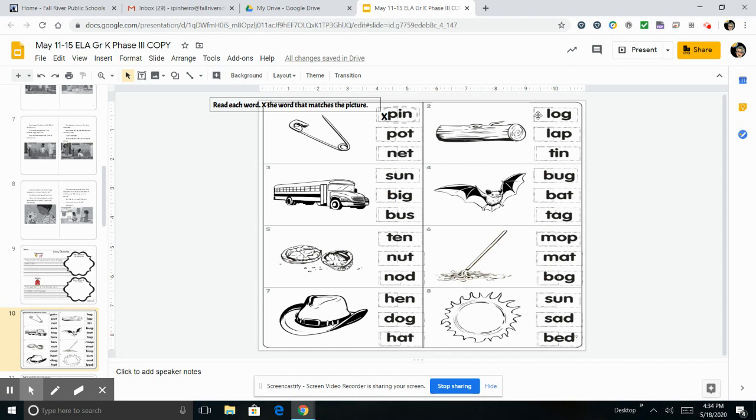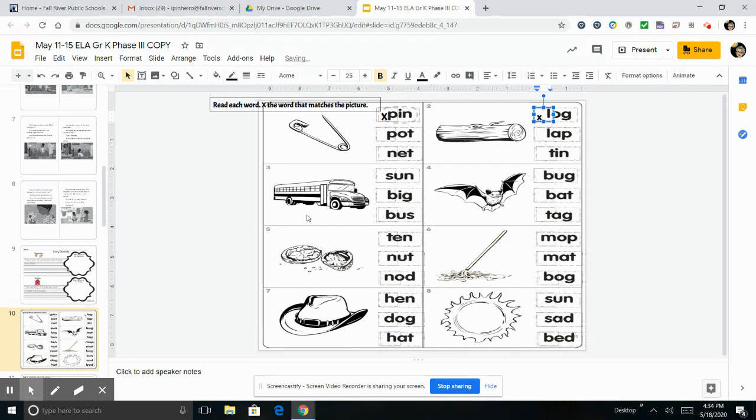L-O-G, log. Bus. B-U-S, bus. Bat. B-A-T, bat. Nut.